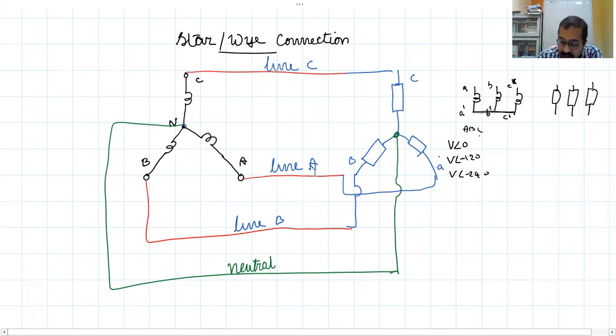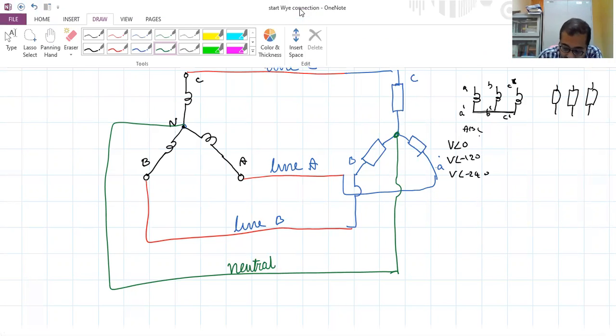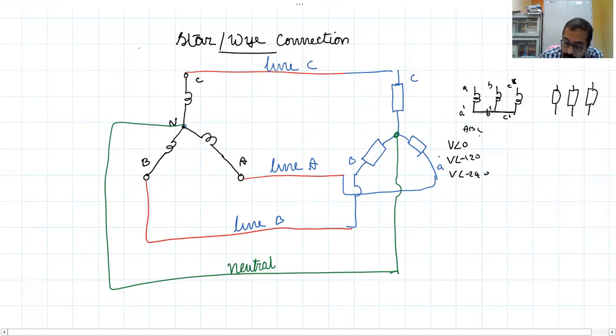Now, you can define a voltage between any one of the lines and the neutral. For example, between line A and the neutral line, let me call this VAN. That means it is the voltage across line A and the neutral line.